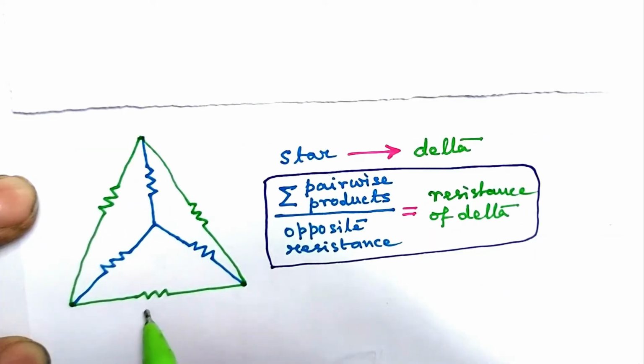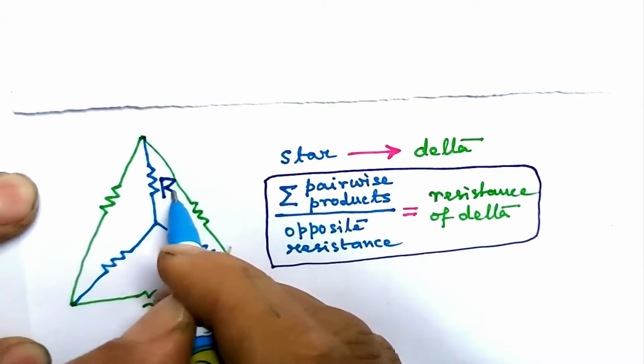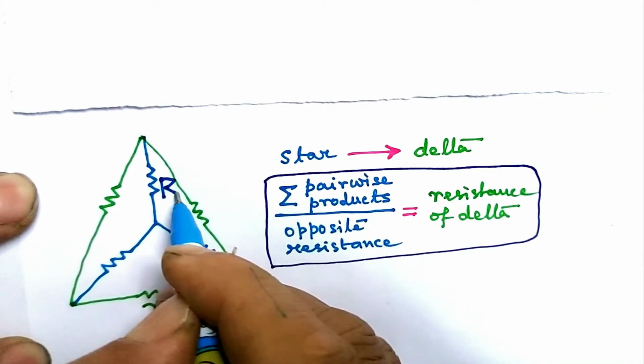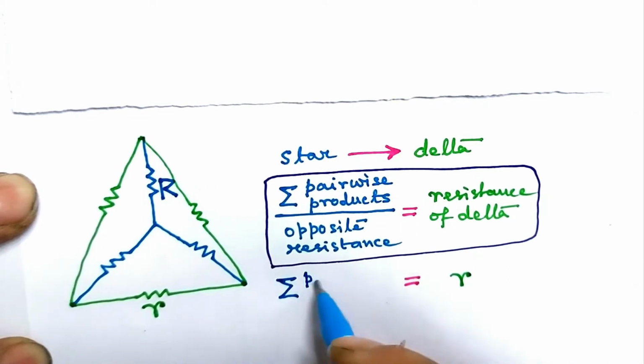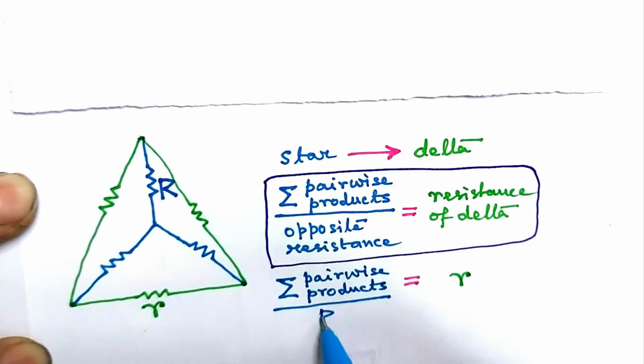To be precise, let this be small r, a delta network resistance, and let this be capital R, the resistance of star network that lies opposite to small r. Then small r is equal to summation over pairwise products divided by capital R.